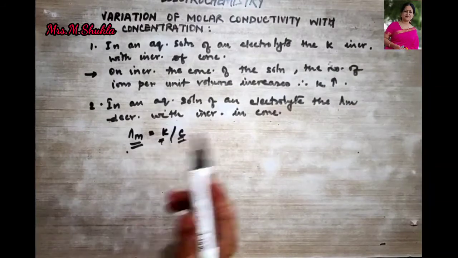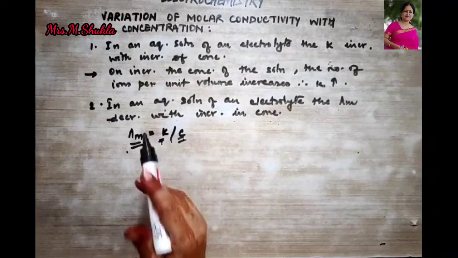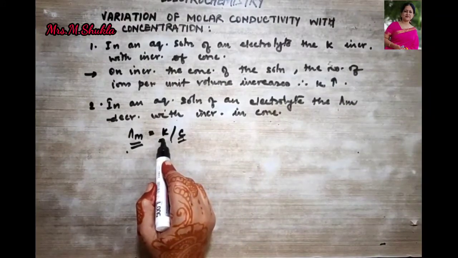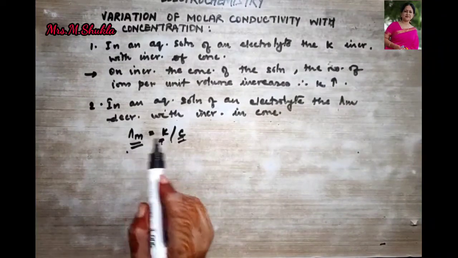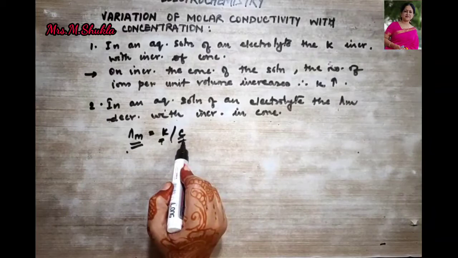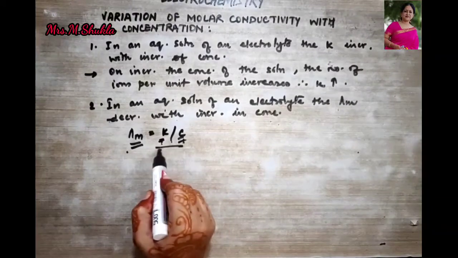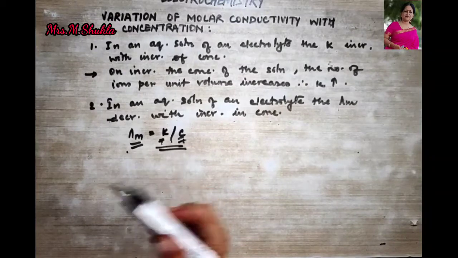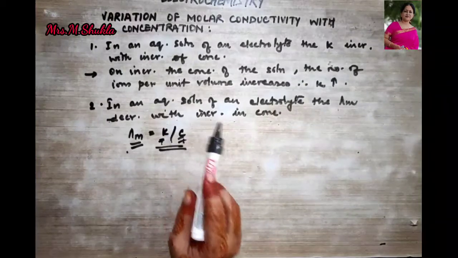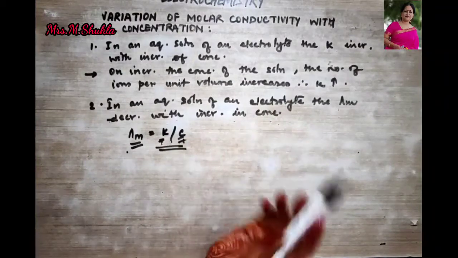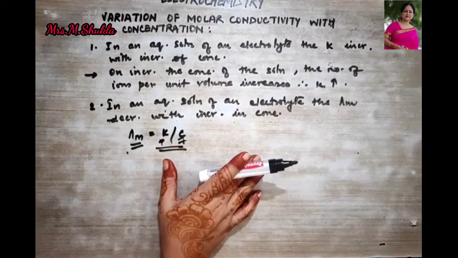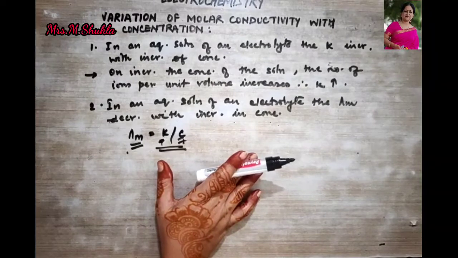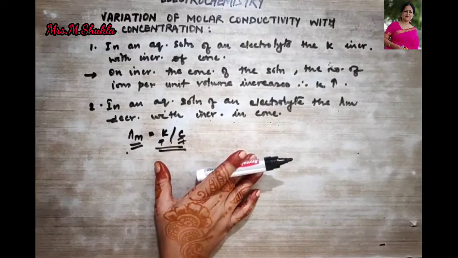Now on dilution, there is a decrease in the specific conductivity, and this is less in proportion to the decrease in the number of moles in that solution, and therefore this ratio K by C increases, and hence your molar conductivity increases. So I hope this is understood. The variation of the molar conductivity in the strong electrolyte is very clear to you.